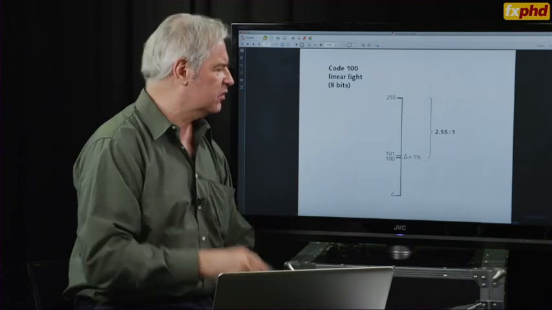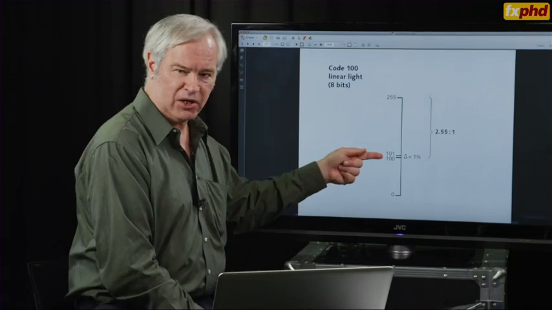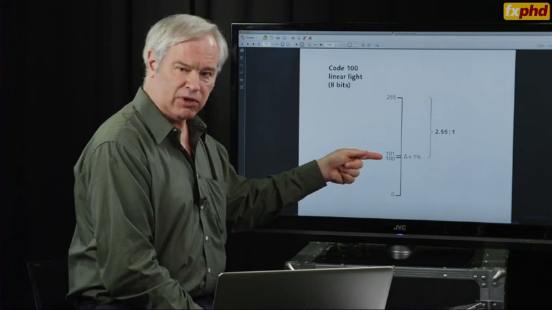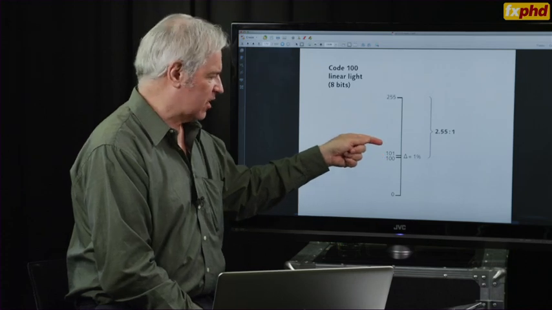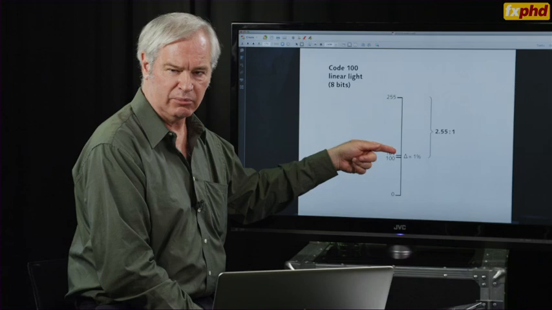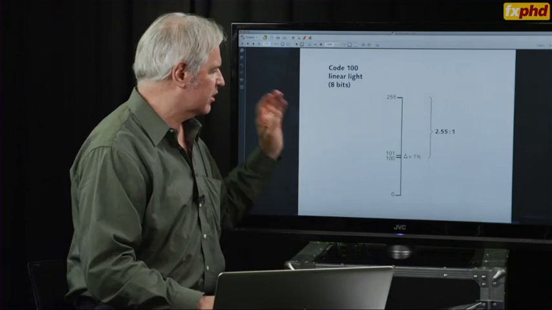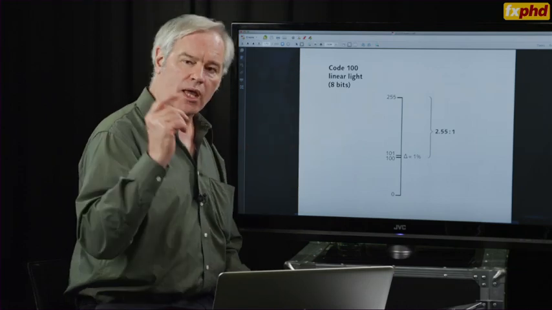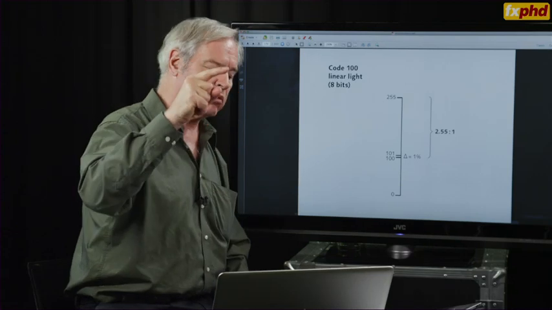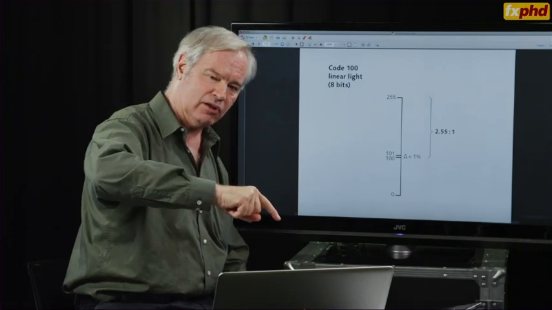Now, what that means is that code 100 occupies a special place, because that's the place in the linear light code scale where going up to the next code is a jump of exactly 1%. And the problem with linear light coding, and what I call the code 100 problem, it's really two problems. One problem is what happens below that level of luminance.